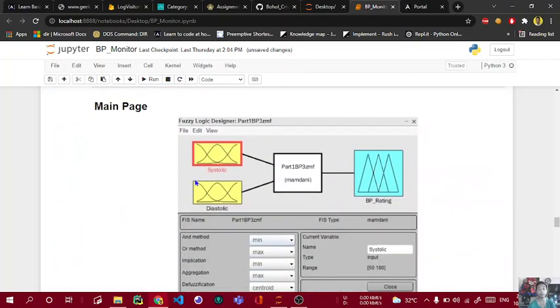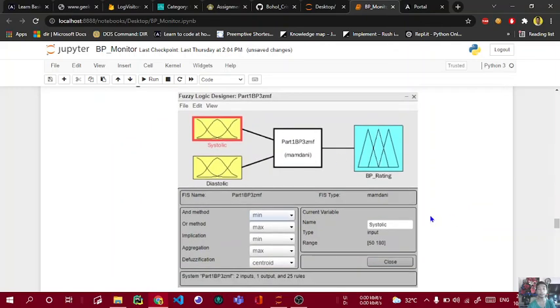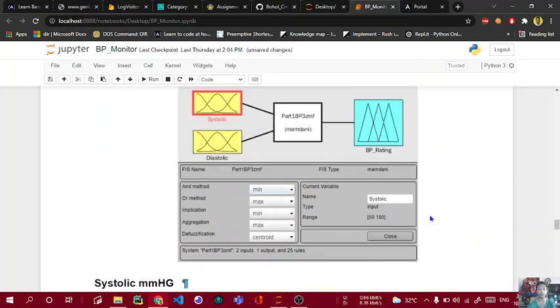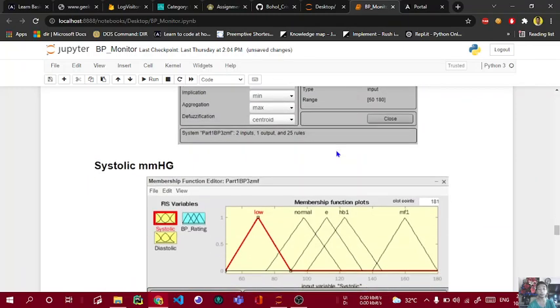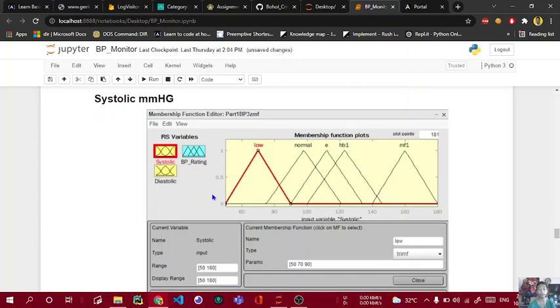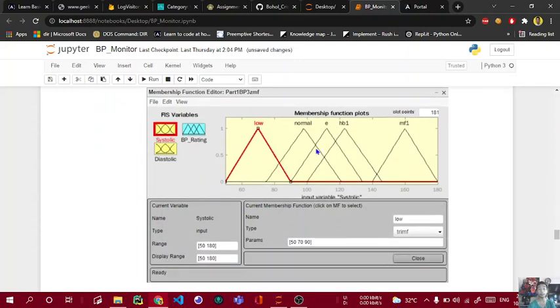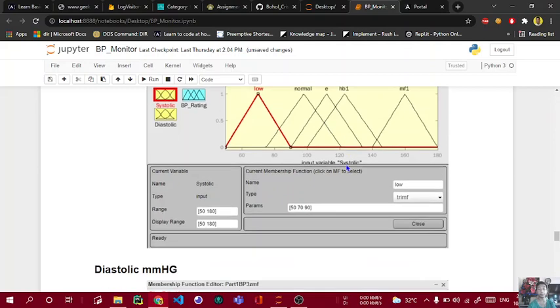The other day, I found out one way to create fuzzy logic, and that is MATLAB. Here we can see that we can just plot it out in the system. This is the main part, and when you click any of the input or output, you will be redirected here. I plotted my range of systolic, diastolic, and the BP rating.